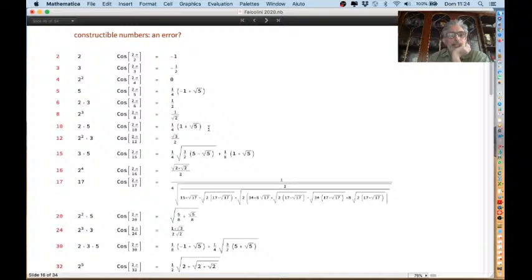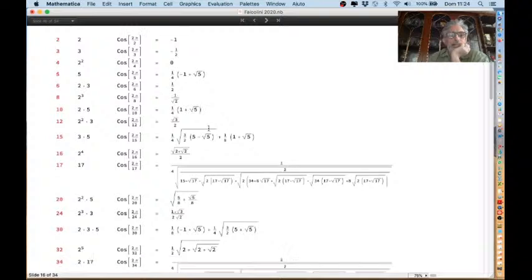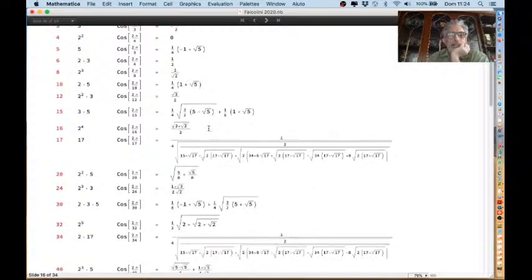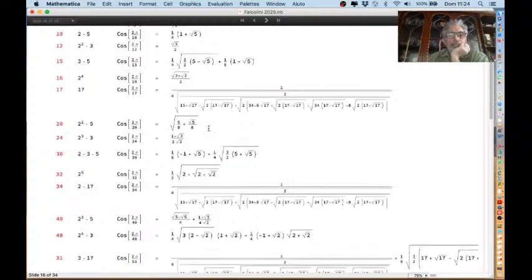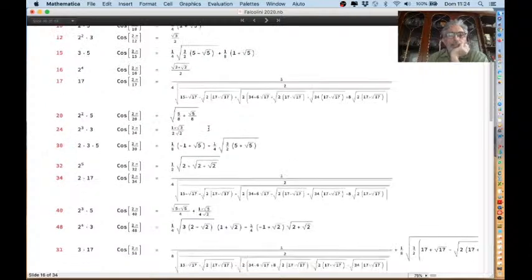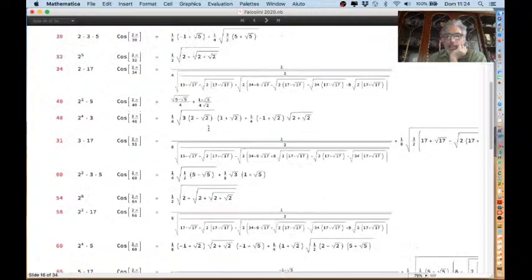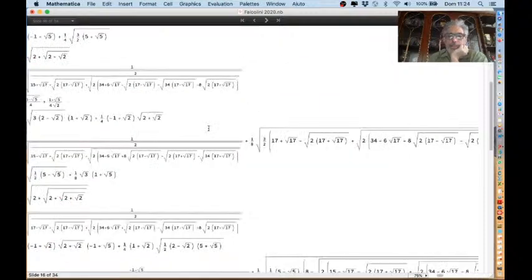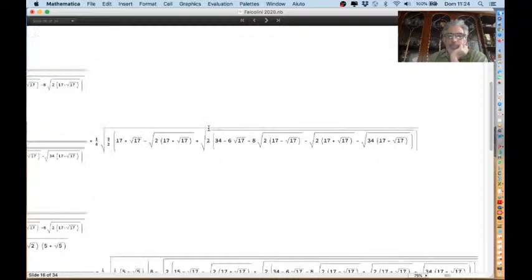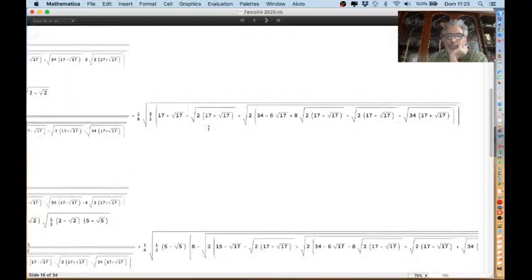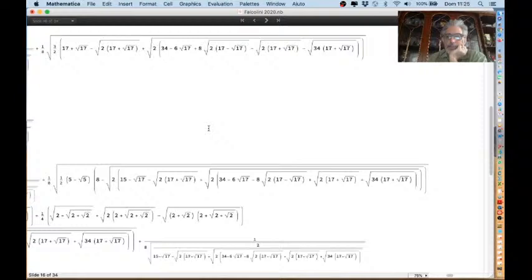Let's now take only the polygons that are constructible, so that there is this representation. If we go over, we can see that the representation in terms of square roots becomes more and more complicated, as you see.